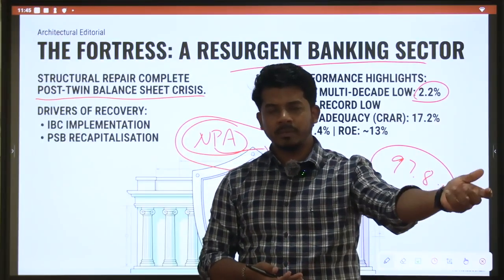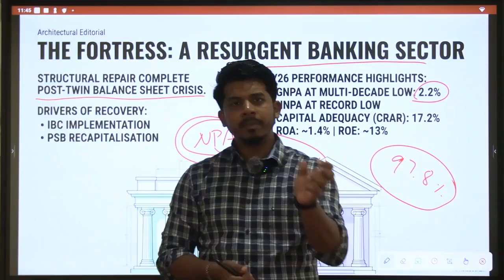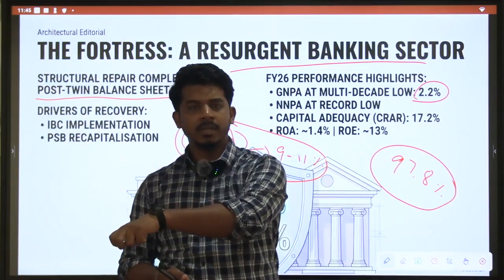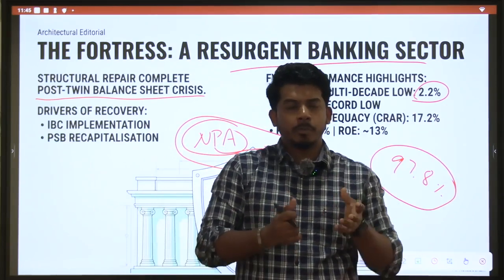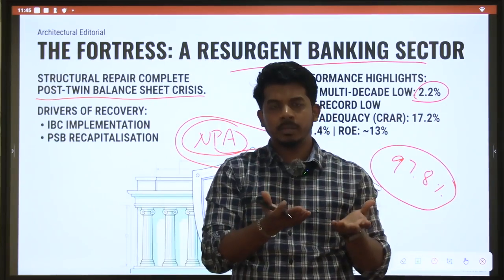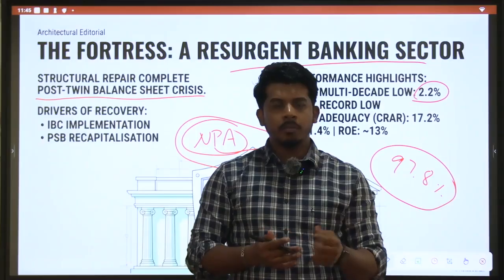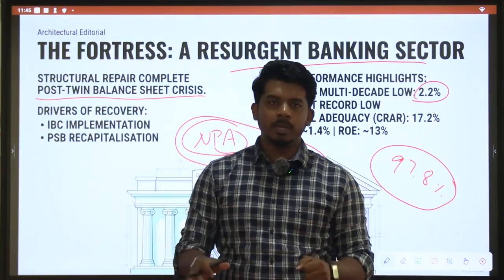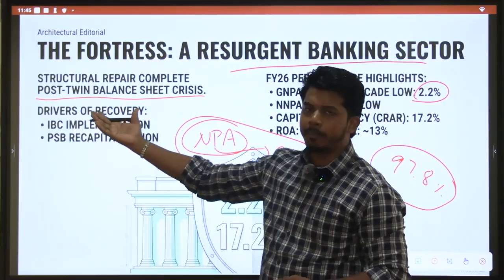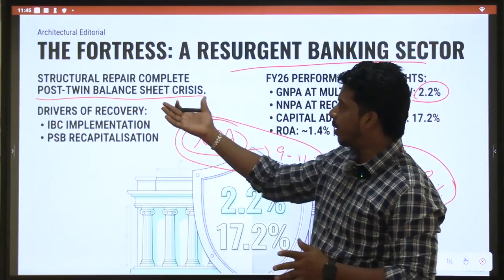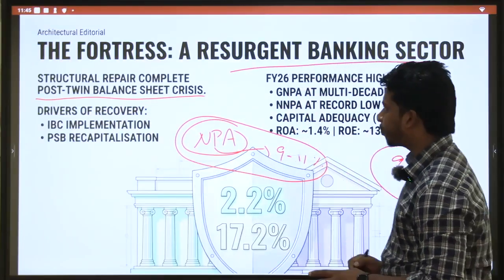That is a liability for the bank, and the bank is giving me a loan at a higher interest rate. So its asset has gone but its liability is remaining. The bank's balance sheet will also get worse. So in the twin balance sheet problem, the balance sheets of both banks and corporates were worsening a few years back. But luckily it is now over.